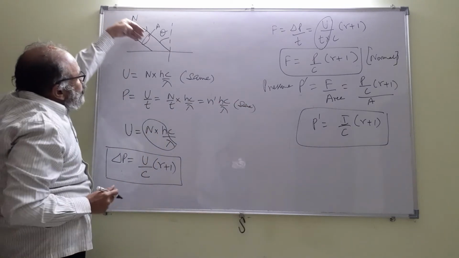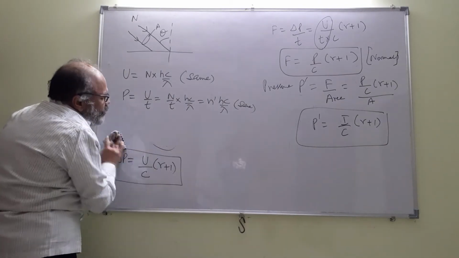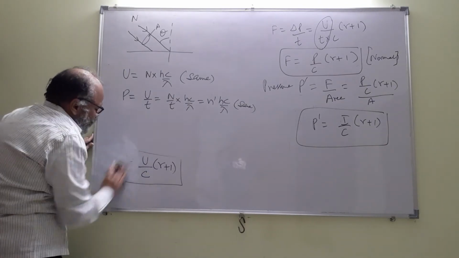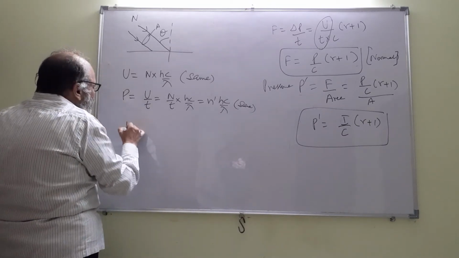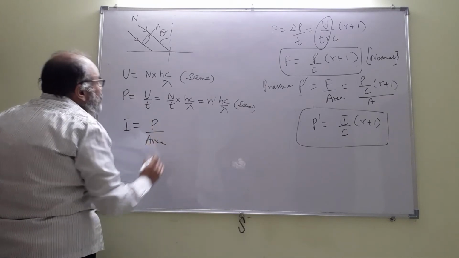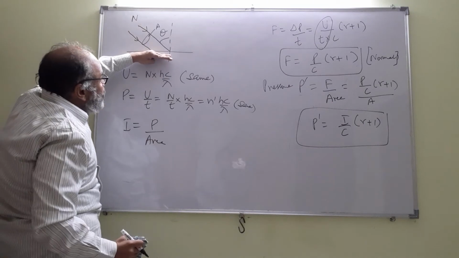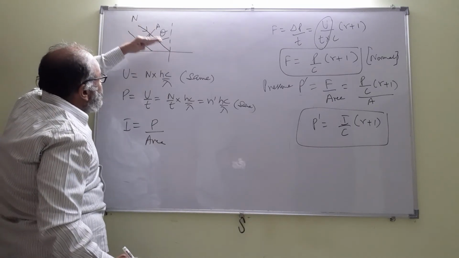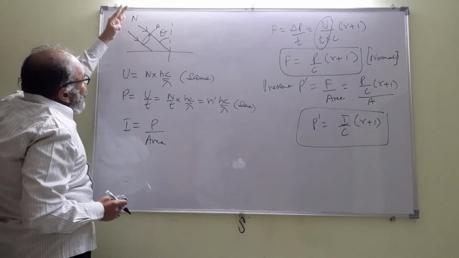The number of photons crossing a given area. Now, if you see the expression for the intensity, I would be P by the area held normal to the direction of propagation. So you should not take this area. What you have to take is the area which is perpendicular or normal to the direction of propagation.